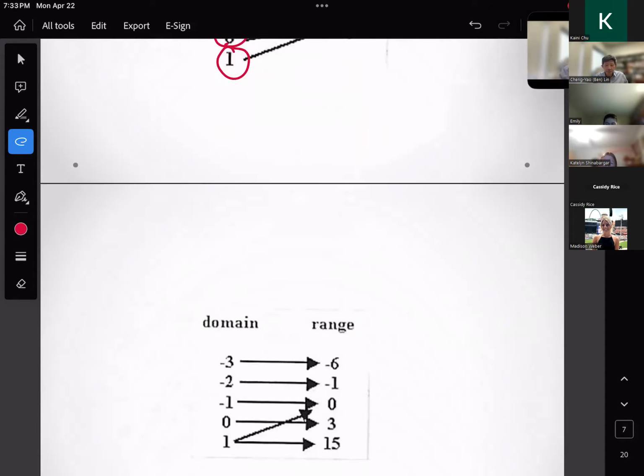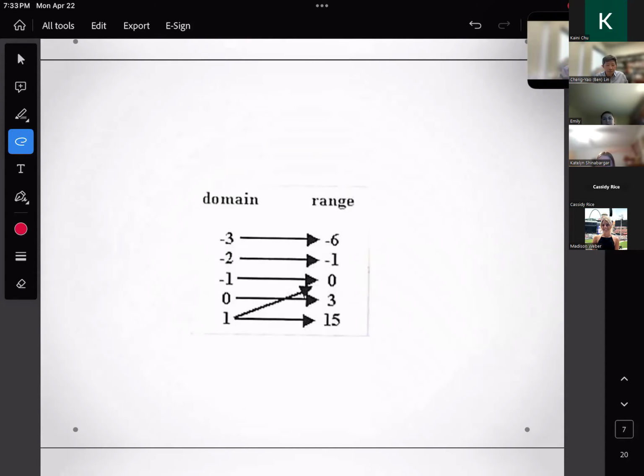Next one. Yes or no? No? Does anybody say yes? The answer is no. Very good.